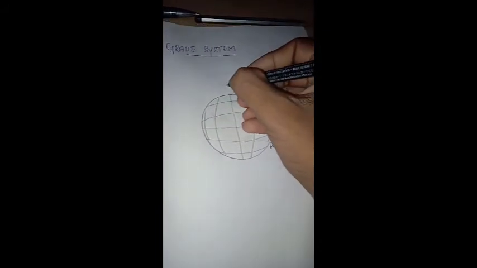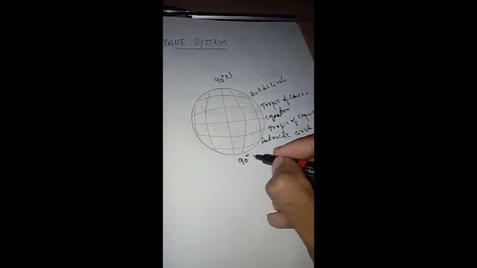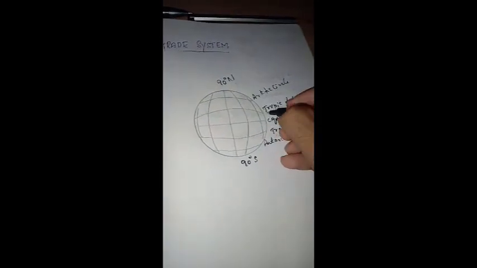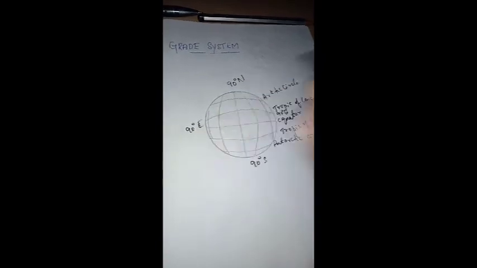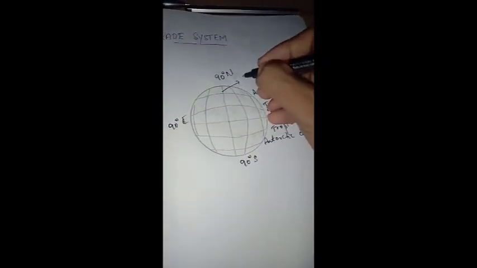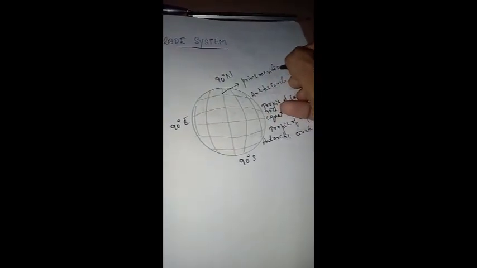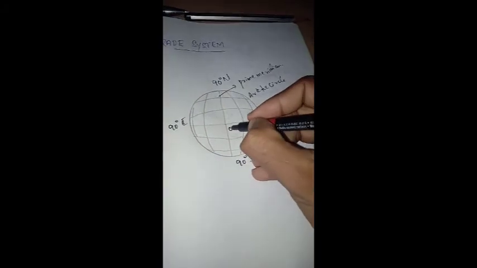The upper part is called 90 degrees north. This is called 90 degrees south, and this is called 90 degrees east, and this one is 90 degrees west. Now this is called the prime meridian. It lies at 0 degrees.